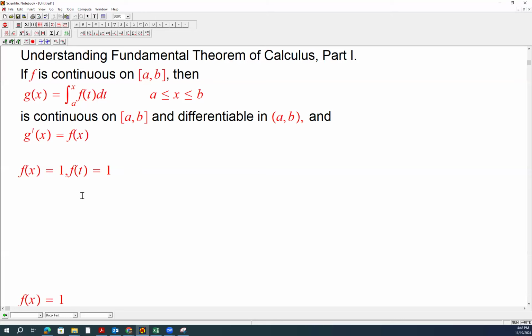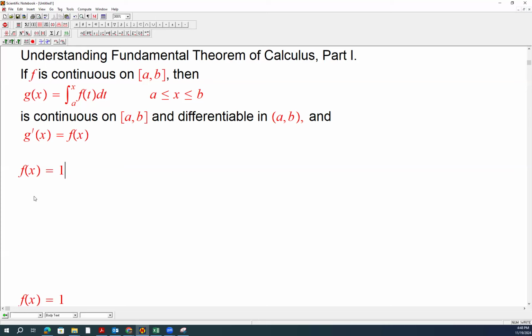They represent input x, input t. Really, there's little difference, except that when we are doing the integration, we don't want to use x here to avoid confusion, okay?